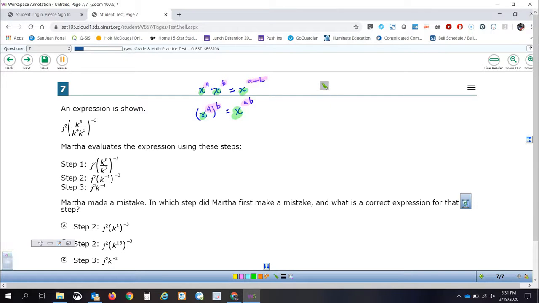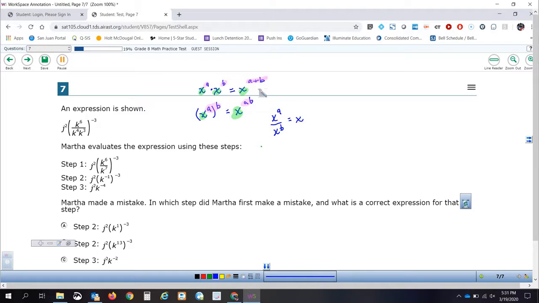Here we go. All right, now what about a division problem? What about x to the a divided by x to the b? Do you remember what to do on that one?